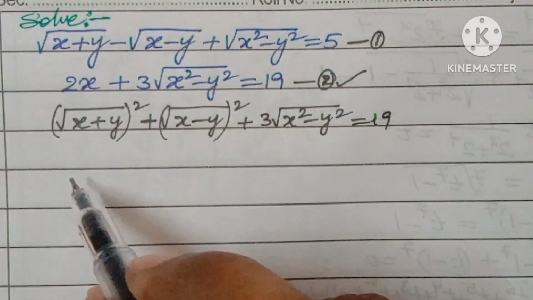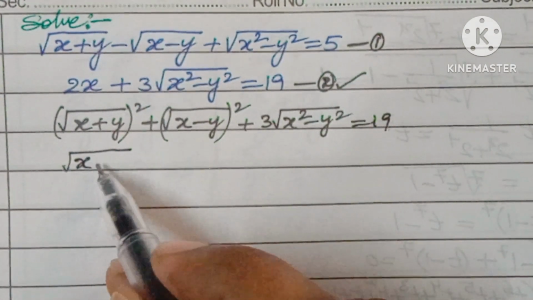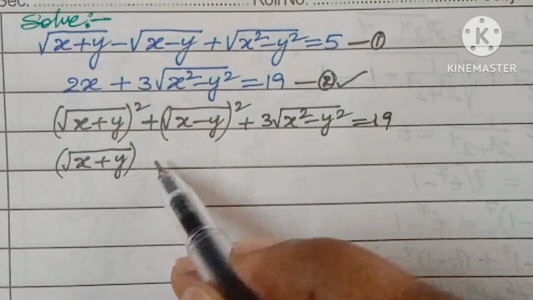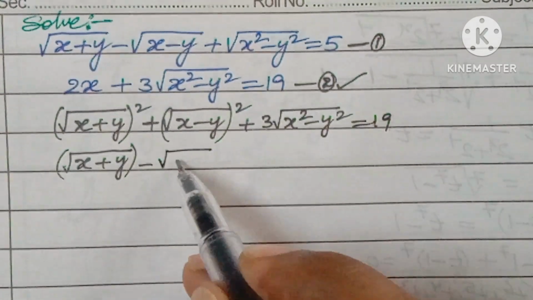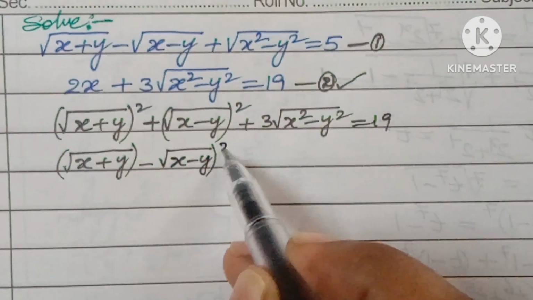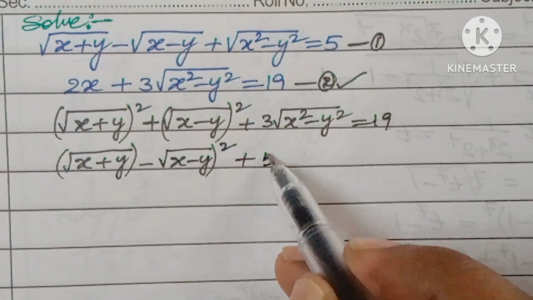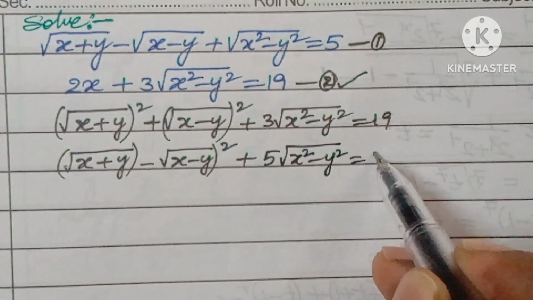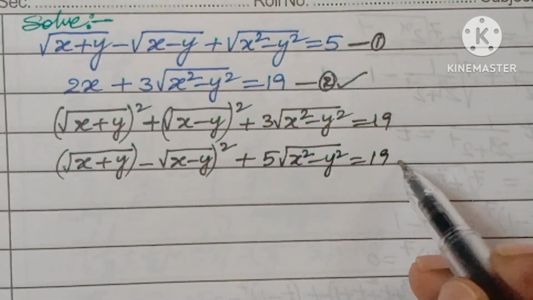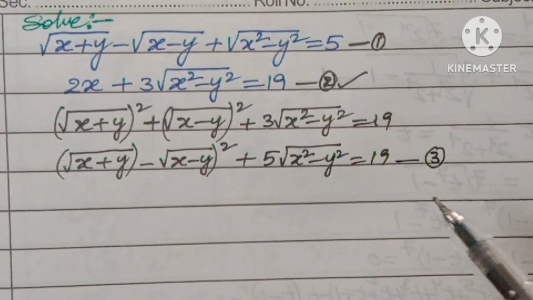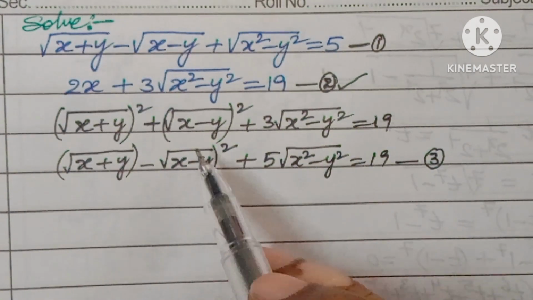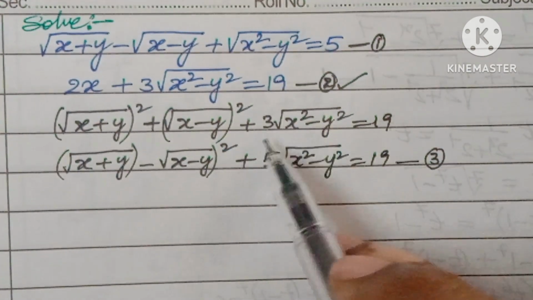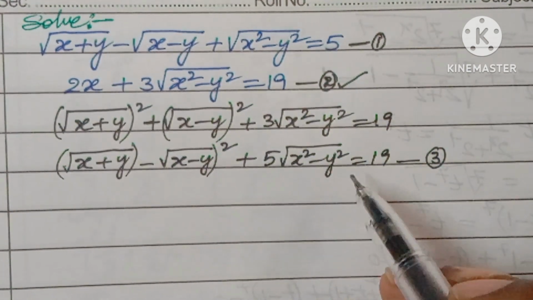So this can be written as (√(x+y) − √(x−y))² plus 5√(x²−y²) is equal to 19. Let it be 3. Here you'll get minus 2√(x²−y²) plus, you have to add both sides, those get cancelled.